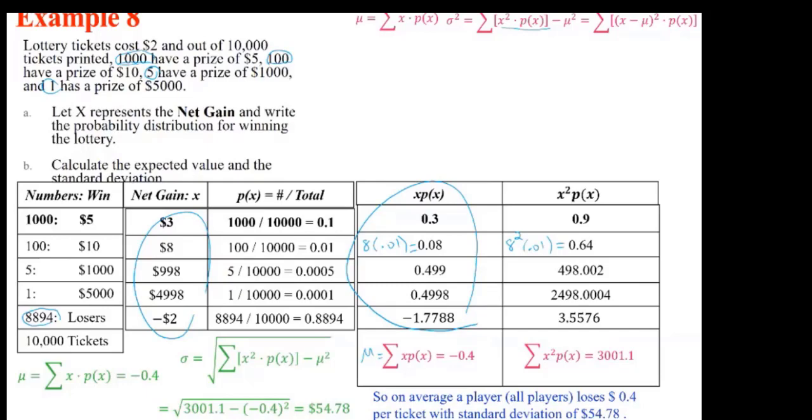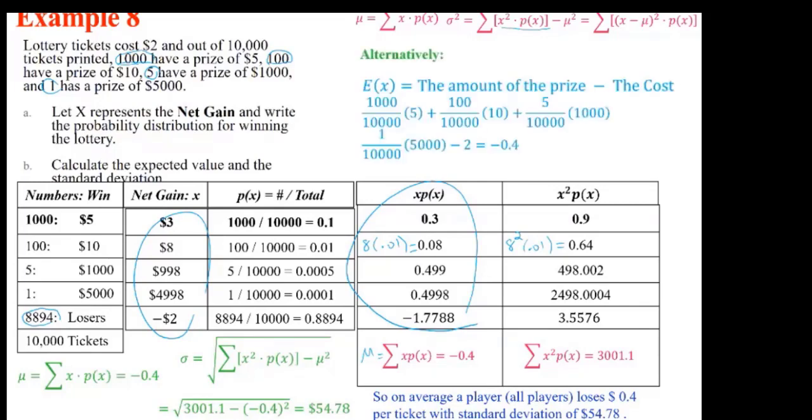We could use a different method, and I'm going to mention it in this case, to calculate this, but it is not as detailed as this one for the expected value, variance and standard deviation. At the very least, the cost is $2. But what is the amount of prize? The amount of prize is 1,000 divided by 10,000 times 5 for $5 winners. That's why you multiply it by 5.